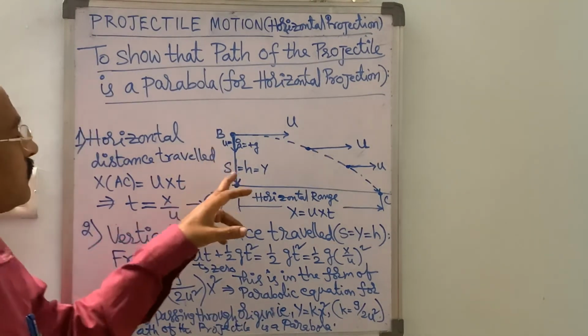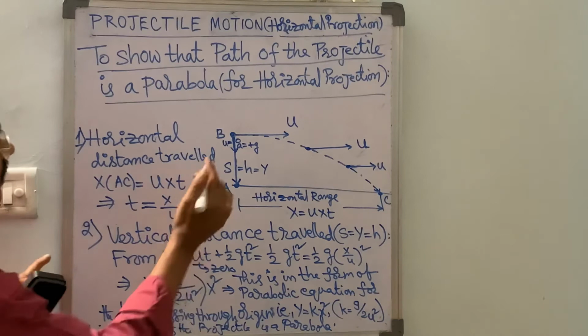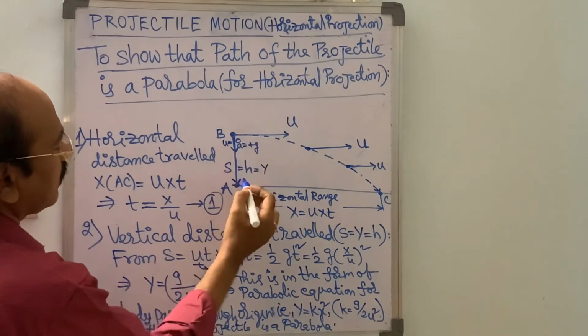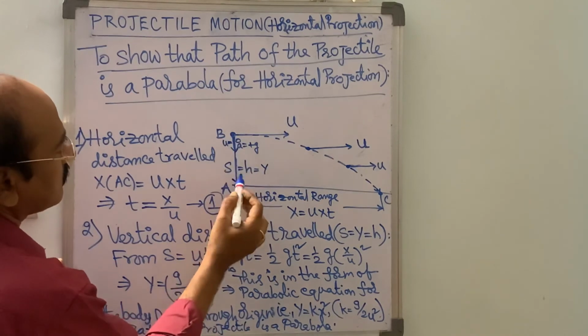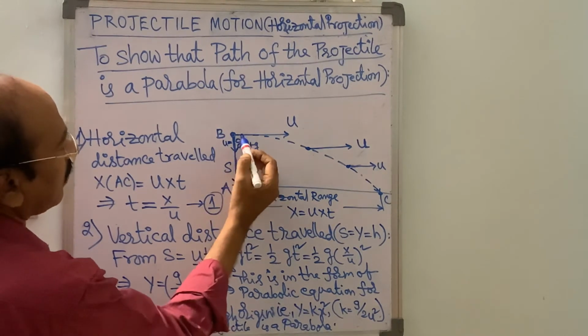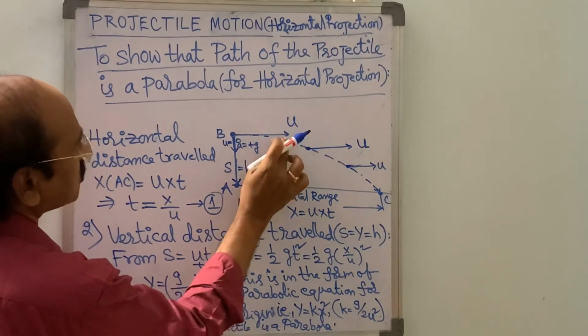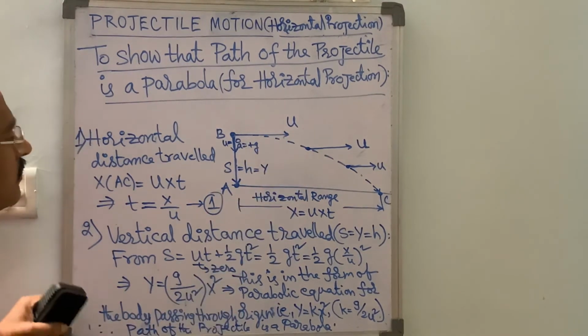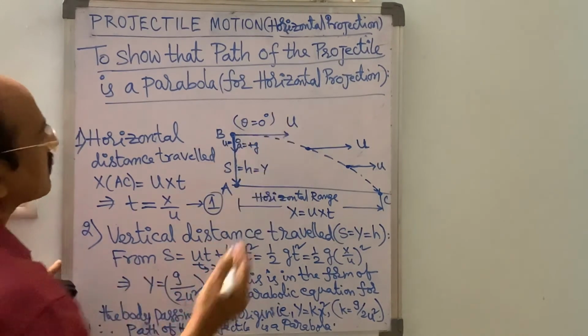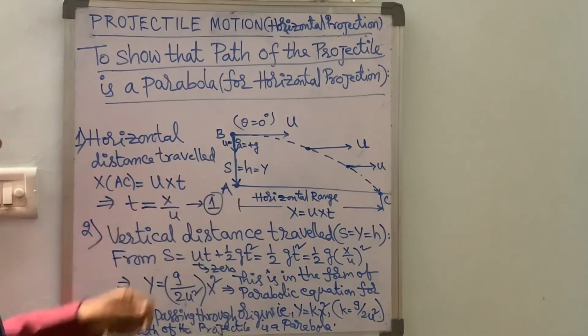So here consider a body at a height h above the ground, that is s = h = y, and which is projected with initial velocity u in the horizontal direction at theta equal to 0 degrees in this case.